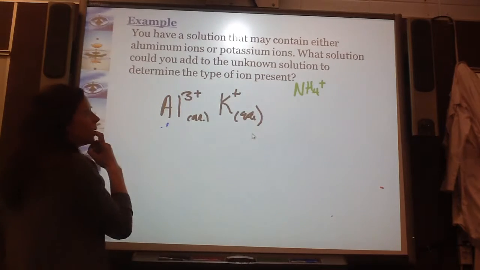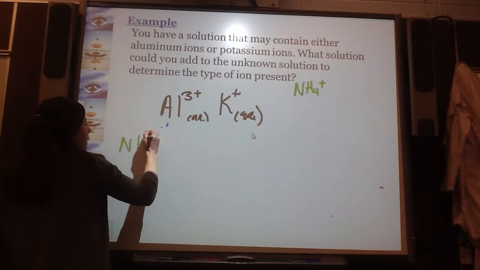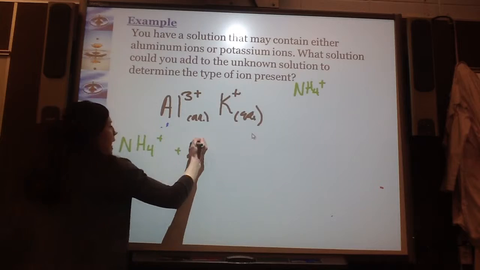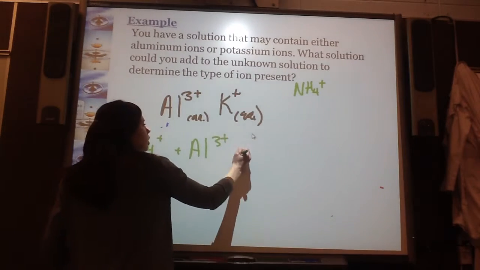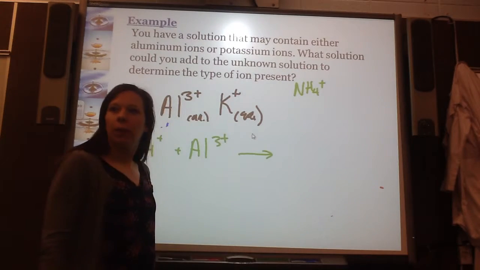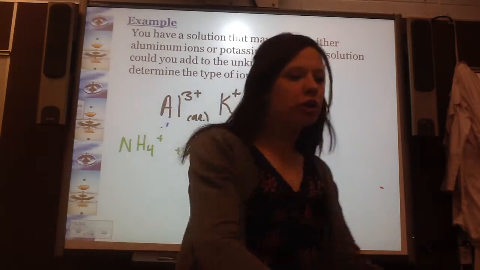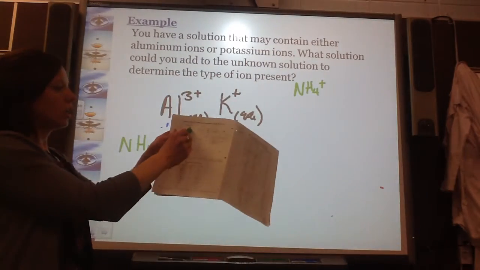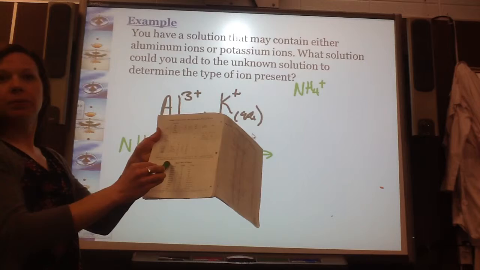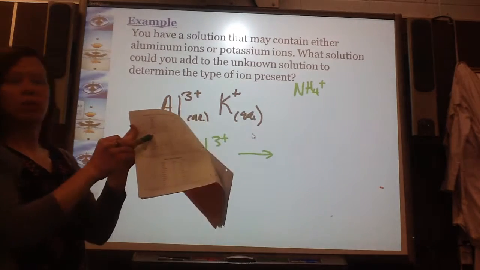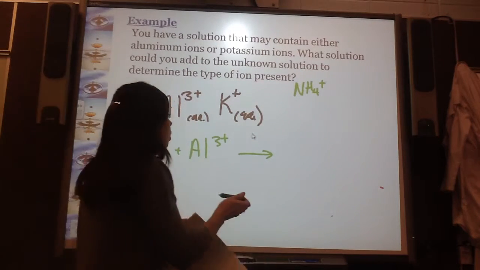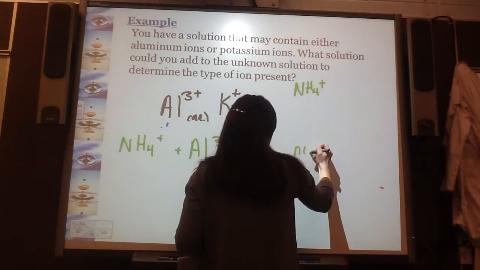So ammonia could be an option. What if I take ammonia and add it with aluminum? Do I get a precipitate? Look at your chart, find ammonia. Where would it fit with aluminum? In the most category, right? So it would be no precipitate.